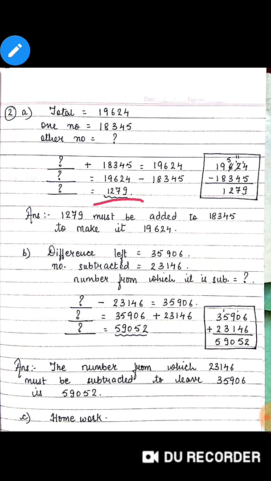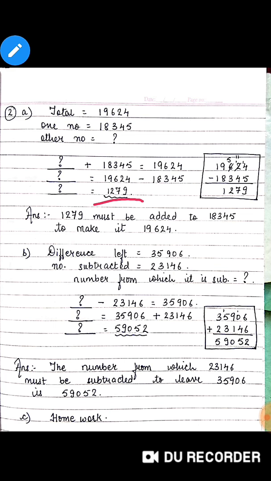Now in the next case, they are saying if you subtract 23,146 from a number, you are left with 35,906. What is this number? So here the difference which is left is given to you, which is 35,906, and the number which is subtracted is given to you as 23,146.